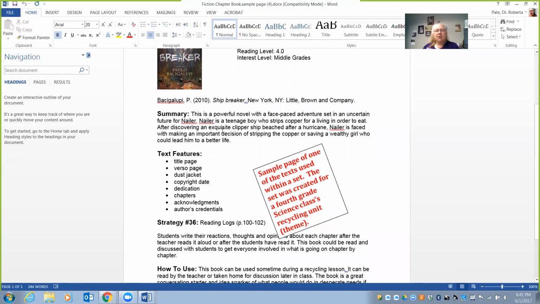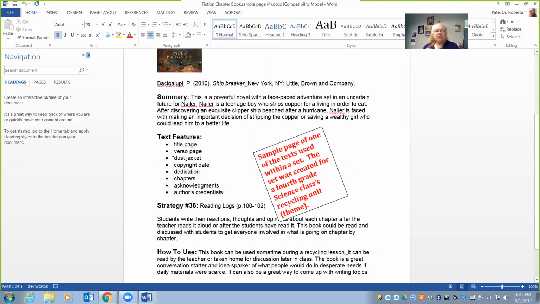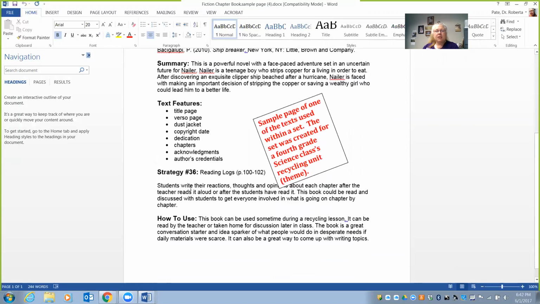My summary. Then I have my text features. Then I'm using here a strategy. Now, this one here, I needed to go in here and put Gail Tompkins, or Tompkins, Gail, or G for Gail, and then the rest of the APA citation of where I found this reading log strategy.